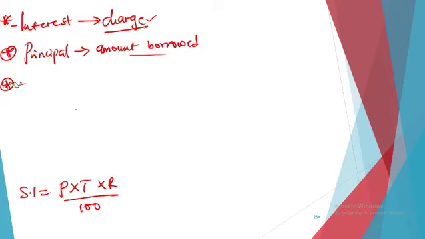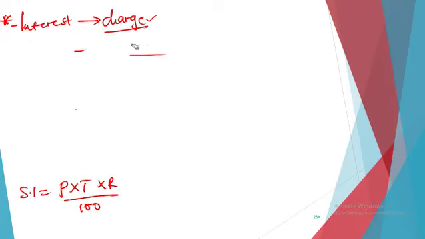From the formula we use in finding the simple interest, we can also derive the formulas for solving for time, principal, and the rest. So we have simple interest I equals P times T times R. If we are solving for P, the principal, P is equal to 100I all over TR.